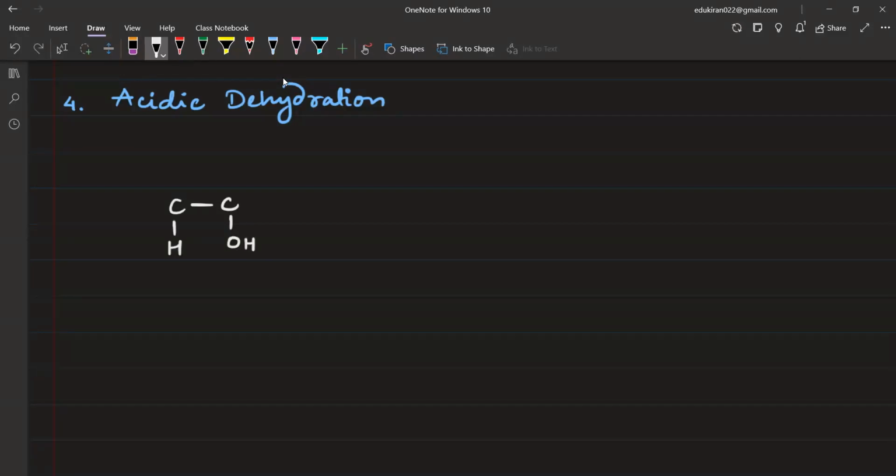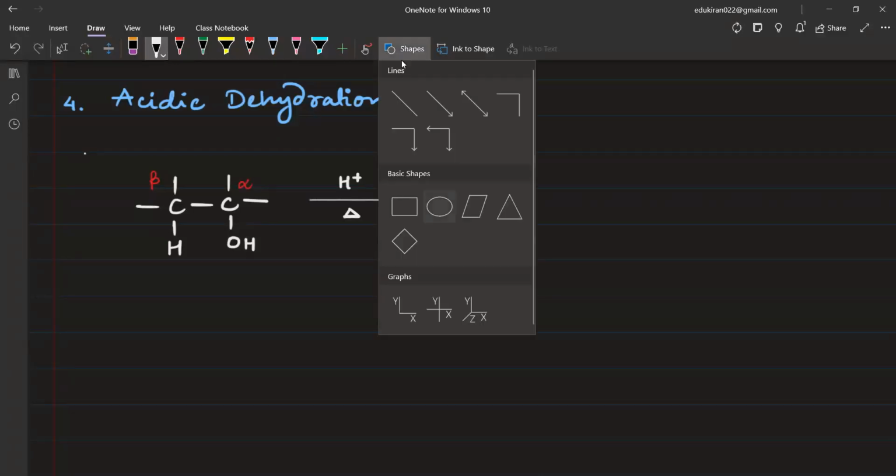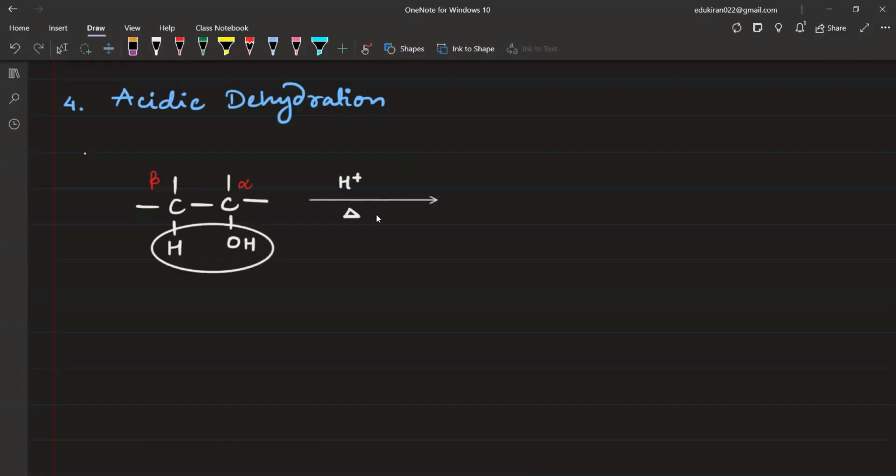The carbon with OH will obviously be the alpha carbon, and here you have a beta carbon which is having hydrogen. In the presence of acid, that means H plus, and some heat, this water molecule, HOH, is broken away.